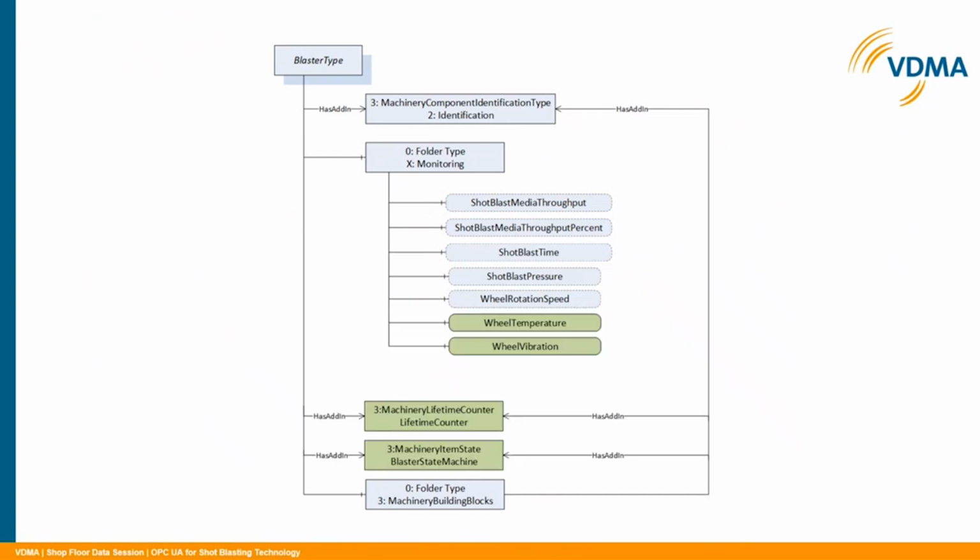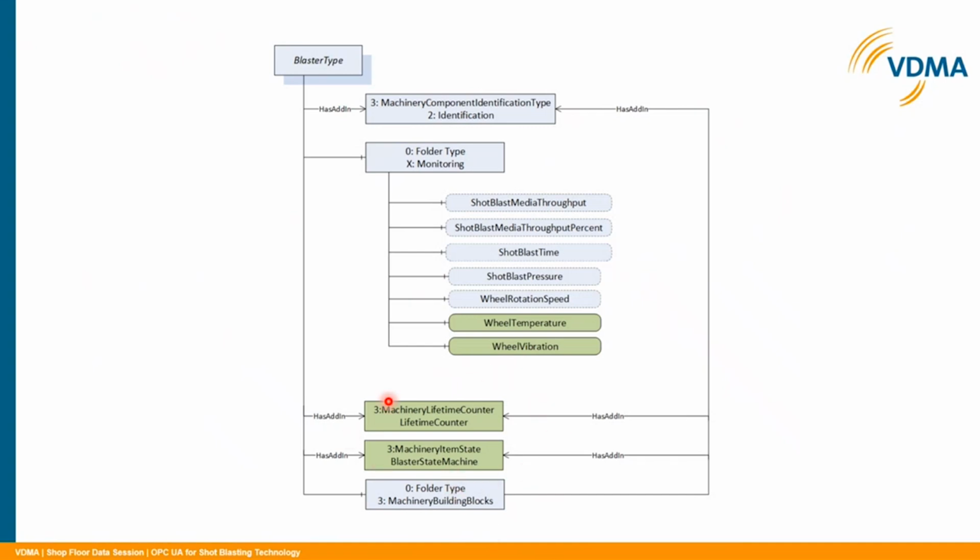So I just brought an example here. If you have a wheel temperature and a wheel vibration variable, then it's no problem at all to add these variables to your information model. You're still suitable to the companion specification, and by that suitable to the standardized information model. You can also add objects like I did here.